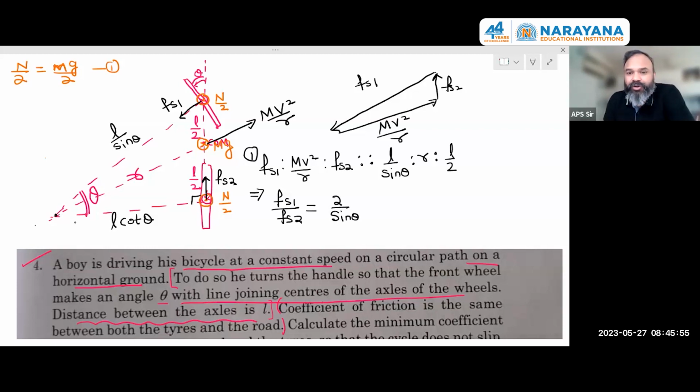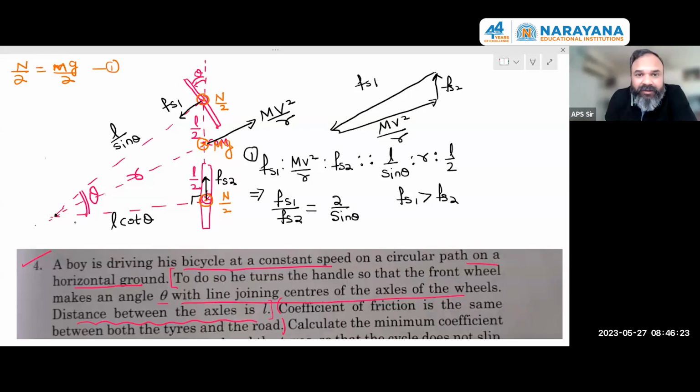So they are in the ratio of 2 by sine theta, and that is greater than 1. So Fs1 definitely is greater than Fs2, right? So basically, if you want me to write the limiting minimum coefficient of friction which is required, I knew this thing that Fs1 is having a greater value. So if I can ensure that the cycle does not slip at the front end, it is not going to slip at the rear end for a common value of mu.